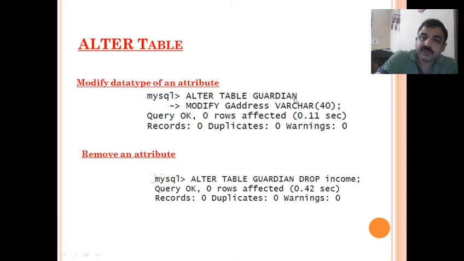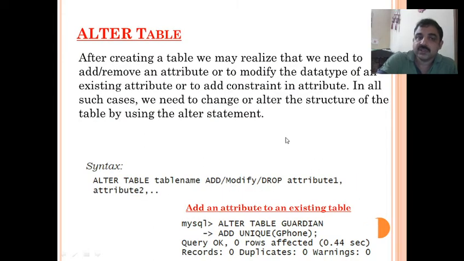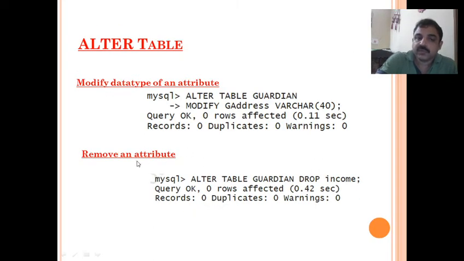Alter table, name of the table, modify, then specify the column name and the new or modified data type. So this is how modify works. Similarly, to remove, if you want to drop a particular column, you can use alter table guardian drop income. That means the income column will be erased from the table.